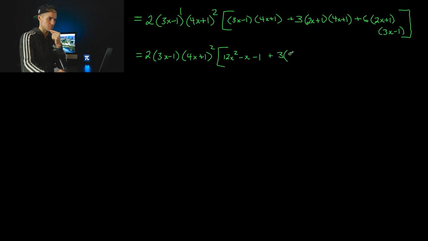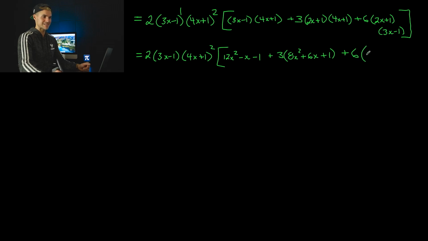The expansion here would be what? 8x squared plus 6x plus 1. I'm simplifying those middle like terms all in one step, and then that's going to be 6 over here, 6x squared, negative 2x plus 3x, which is positive x minus 1, like that, right?